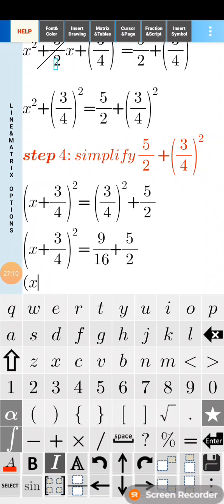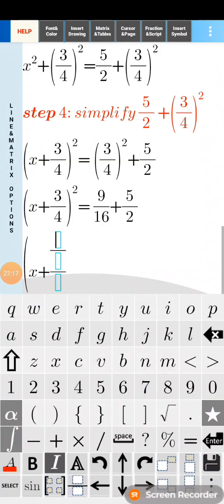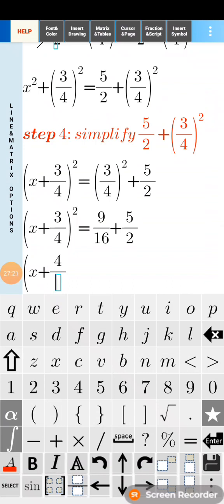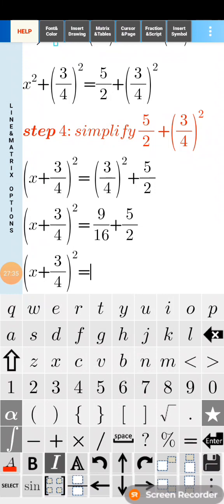Open brackets x plus 3/4 raised to power 2 equal to. Now I have to solve this.